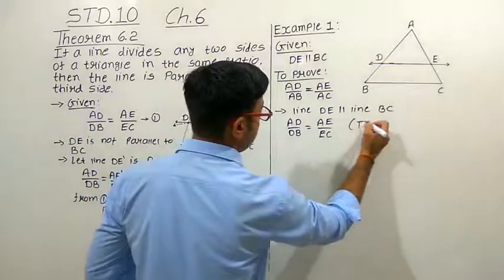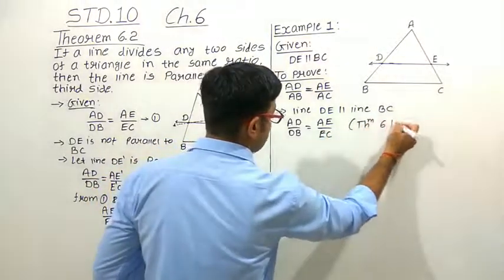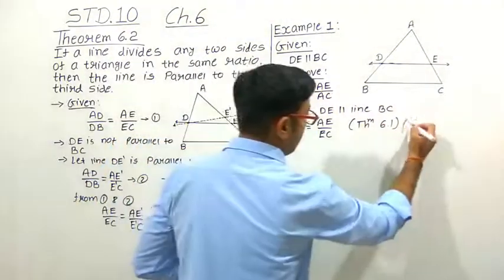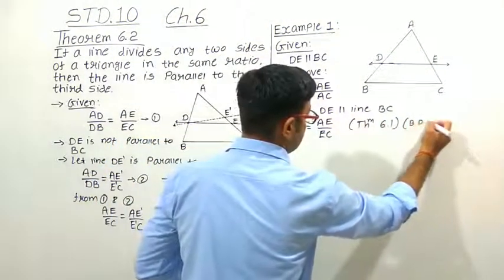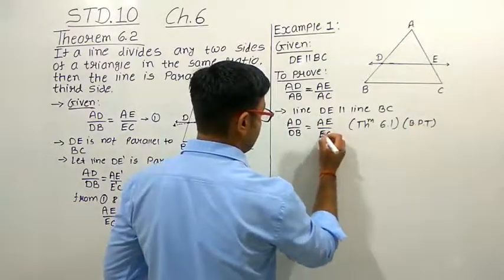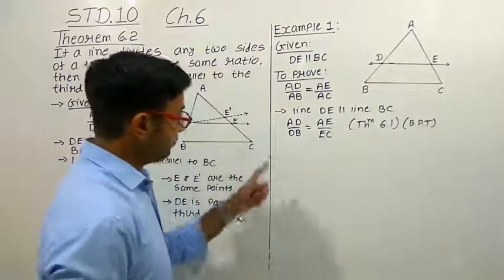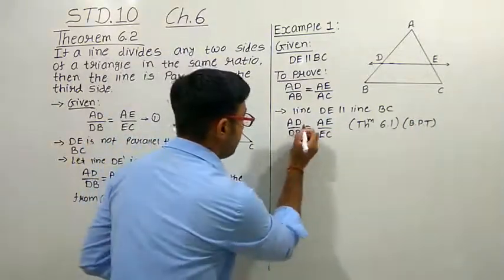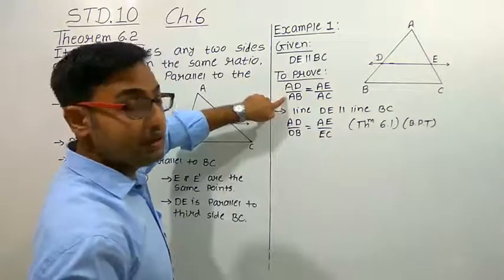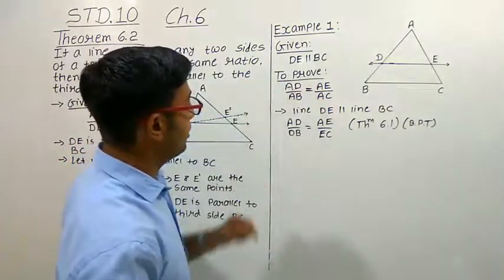Now, whatever we have to prove is AD upon AB is equal to AE upon AC.